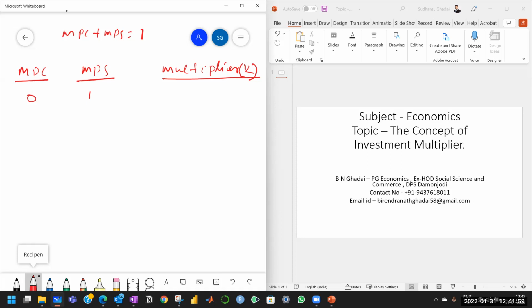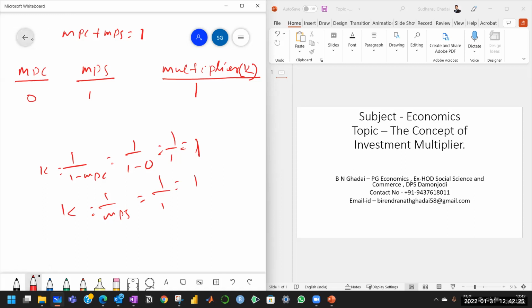Now you calculate the multiplier. From MPC, K will be 1 by 1 minus MPC, that is 1 by 1 minus 0, which is 1 by 1. So the multiplier is 1. If you calculate from MPS also, K is equal to 1 by MPS, that is 1 by 1, which is 1. So the value of multiplier is 1.